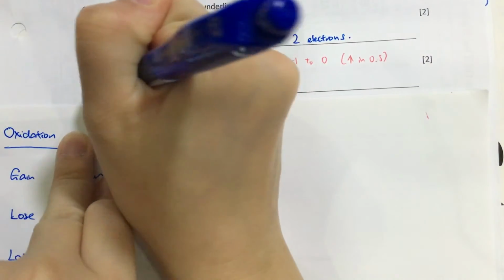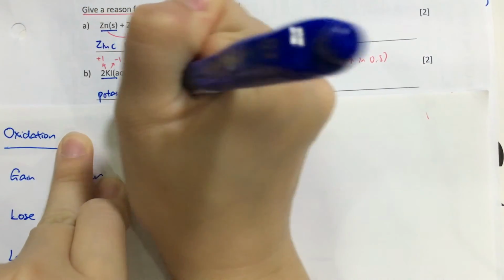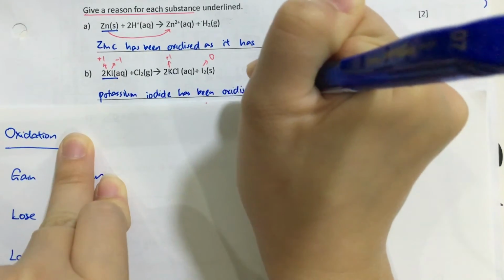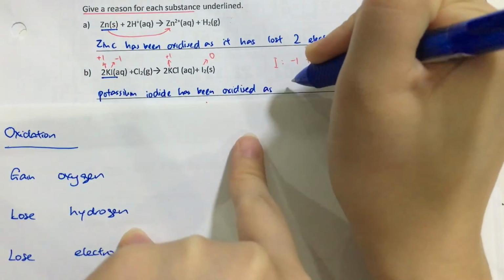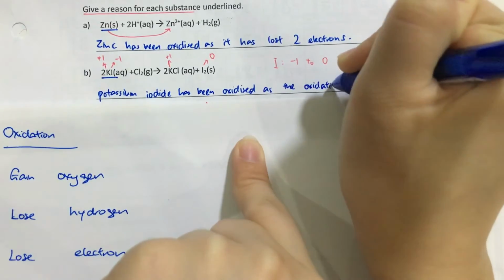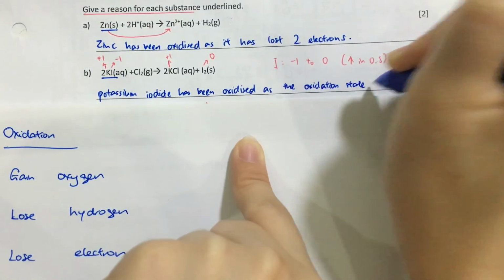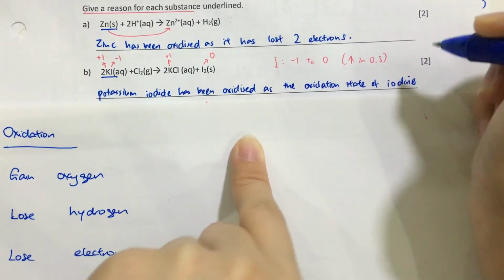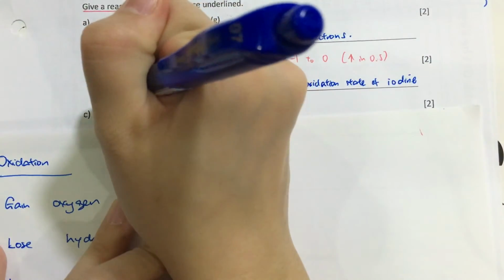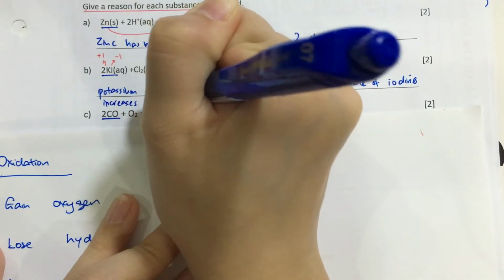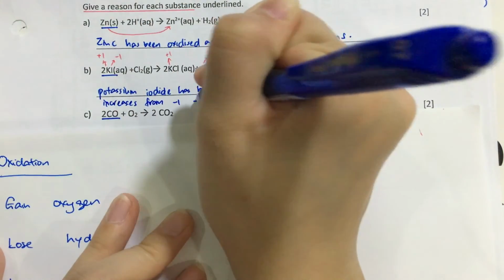So I say potassium iodide has been oxidized as the oxidation state of iodine increases from minus 1 to 0.